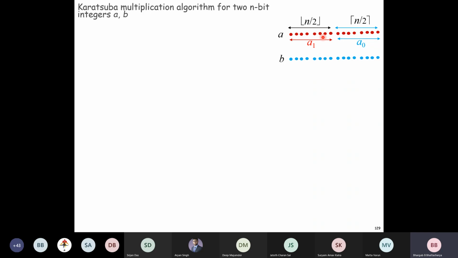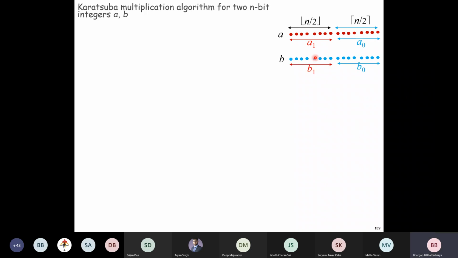If we look into this bit string, this represents a number, right? Just consider this half of the bit string, this represents a binary number. Let this number be denoted as A1, and let this number be denoted as A0.